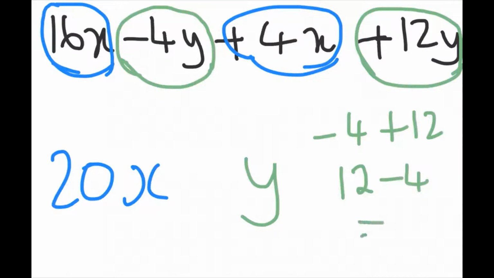So both will give you 8. So there you will get plus 8. Remember, if there's nothing in front of the number, then there's an invisible plus. Double check, 16x plus 4x is 20x, and 12y minus 4y is 8y. That looks correct.